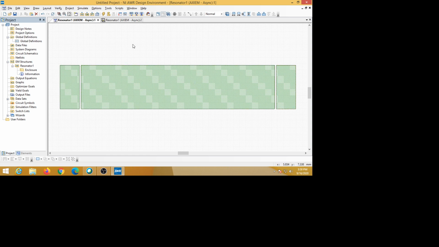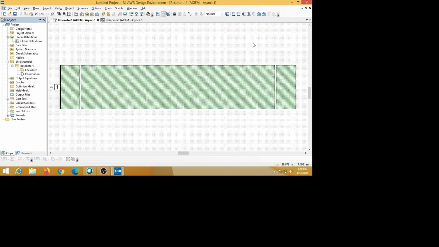First, wherever you are putting the port, that edge should be selected. We are putting a port on this edge. Click the edge port, go to that edge and double click. That port is attached here; this is edge port 1.